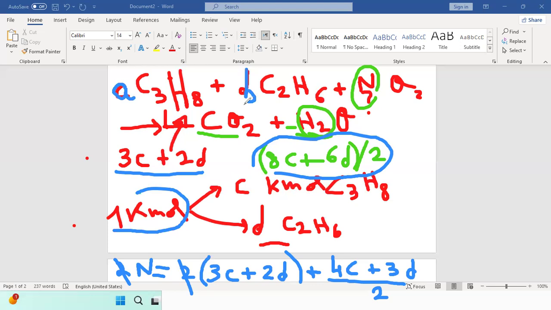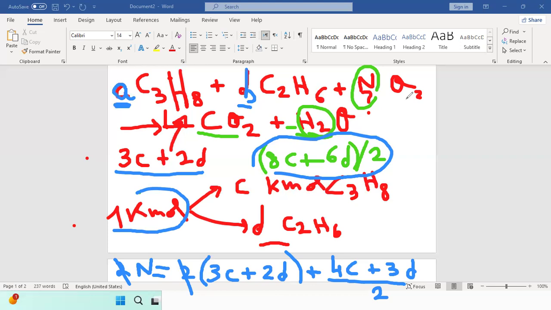So you replace C and D by A and B, and you will be able to find the number of kilomole of O2 per kilogram of fuel.